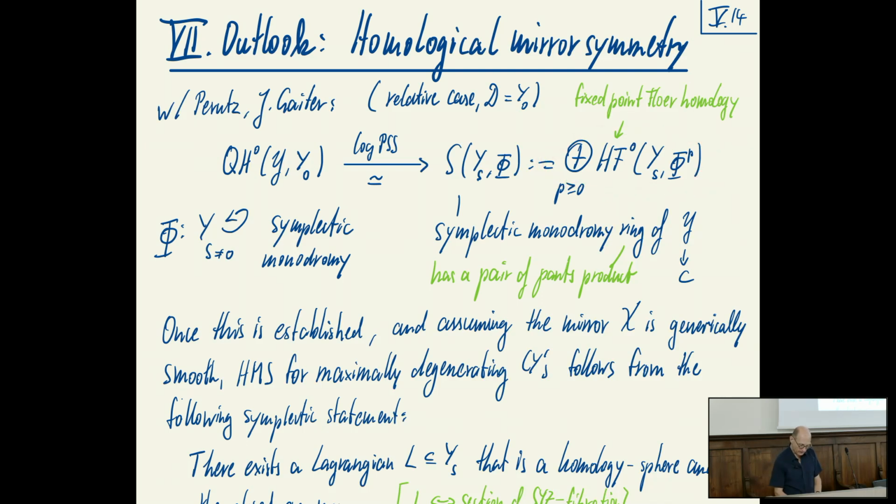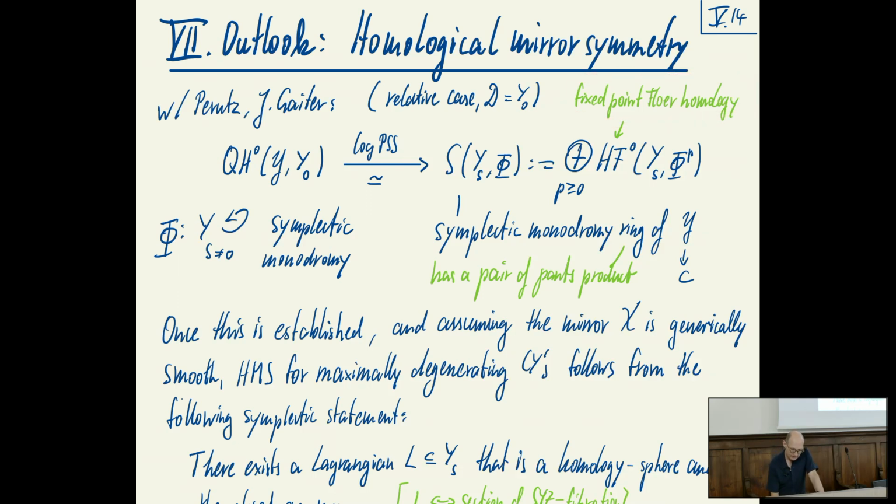So if you look at this degeneration Y over the curve, you can go around the curve. The whole total space has a Kähler class, and it has a symplectic parallel transport. That gives a symplectomorphism of a general fiber. That would be a Calabi-Yau. And whenever you have a symplectomorphism, there's late 1980s technology that produces a fixed point Floer homology.